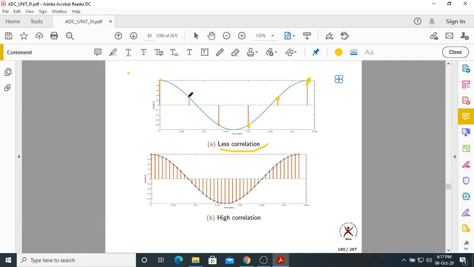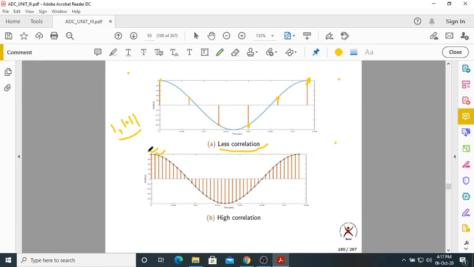So the neighboring samples are not similar, which means less correlation. But take the second example, where I am using more samples to represent the signal. The neighboring samples are very close to each other and have very similar values. Suppose the present sample is 1, then the next sample value can be very close to 1, maybe 1.11.